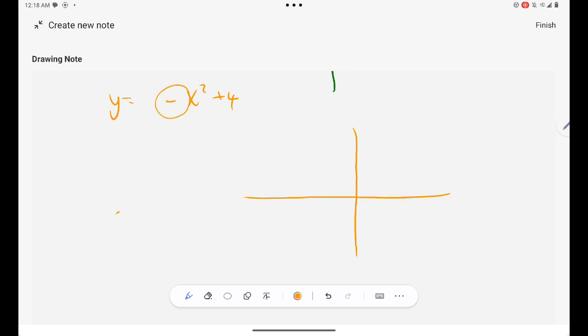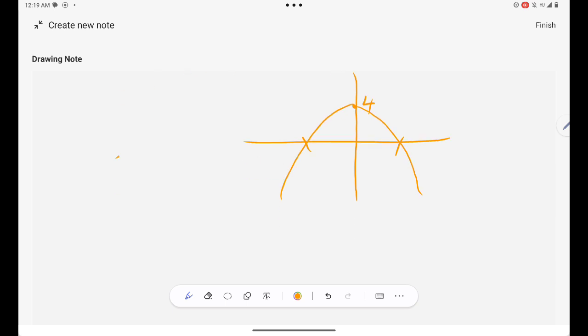Since a is negative and the y-intercept is 4, the value of c is 4, your graph should look like this. This is 4 here, and then you'll find your x values. Whenever you find your x values, just make y 0, solve for x. It's as simple as that.